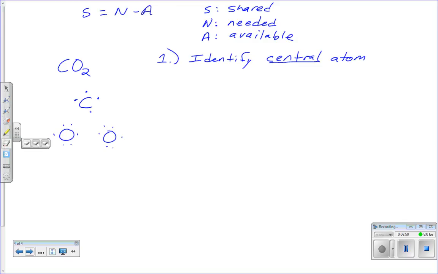I'm going to get rid of these guys here. There's a few ways we can figure out which one's going to be the central atom. The easiest way is which atom is there only one of. In this case, there's only one carbon. So it would go in the middle, and the oxygens would go around it.